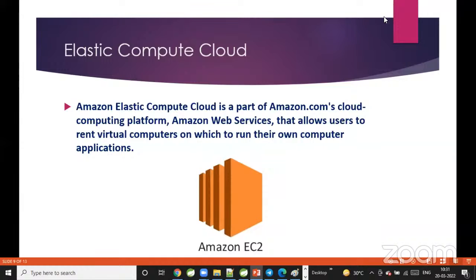If you want to take a computer for rent from Amazon, you will go for EC2. EC2 is the service in Amazon which will provide you computers for rent. By using this EC2, I will take one computer for rent to run my Java application, to run my Spring Boot application.